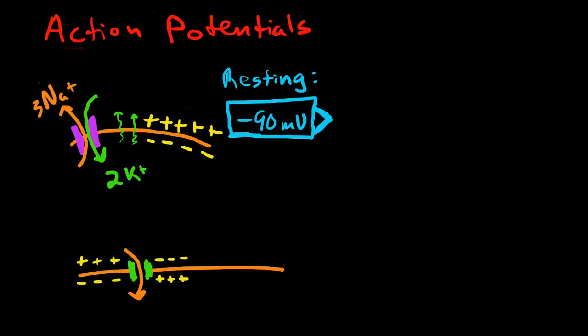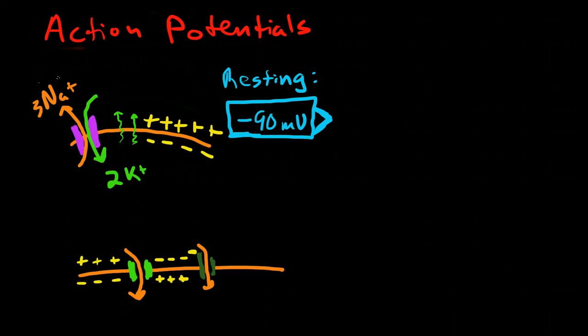And what it does is it triggers a voltage-gated sodium channel to open up. This voltage gate detects this change in charge, and this change in charge changes the shape of the protein so that it has an open configuration, and this allows more sodium to rush into the cell.